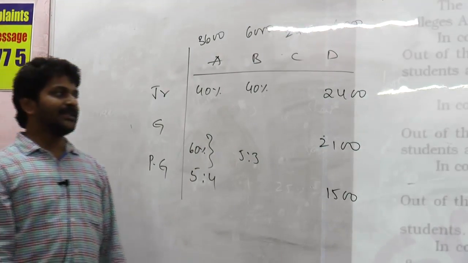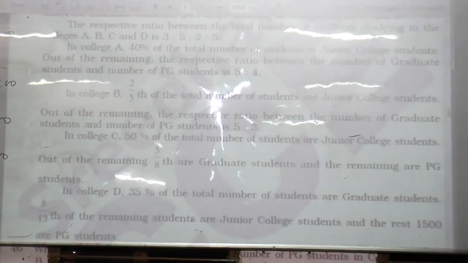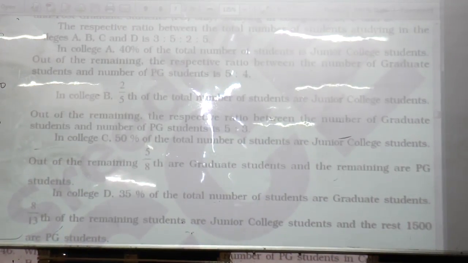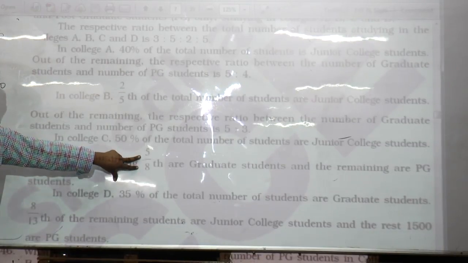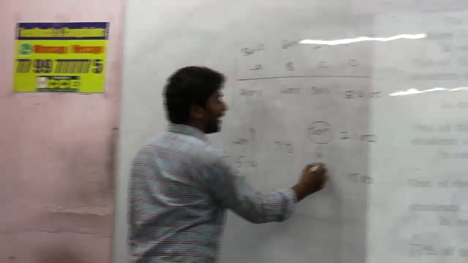Next, in college C, 50% of the total number of students are junior college students. Out of the remaining, 5/8 are graduates and the remaining are postgraduates. If 5/8 are graduates, what about remaining? 3/8. So that is in the respective ratio 5:3. So now you have 50% divided into 5:3 ratio.